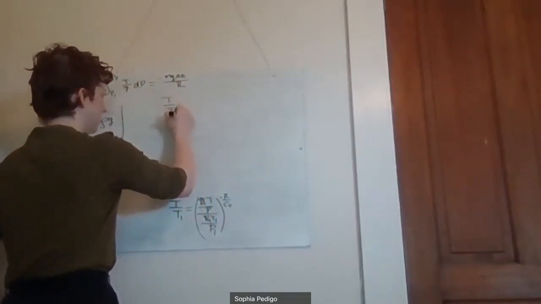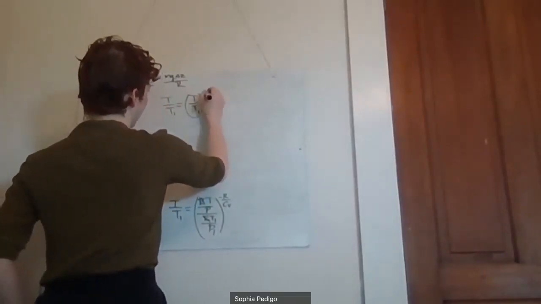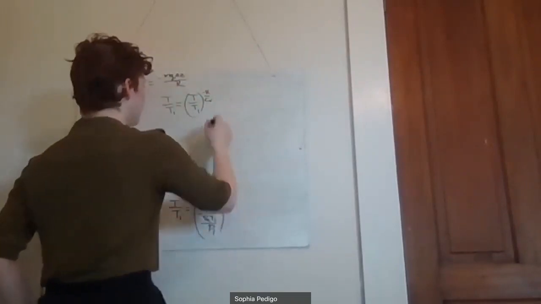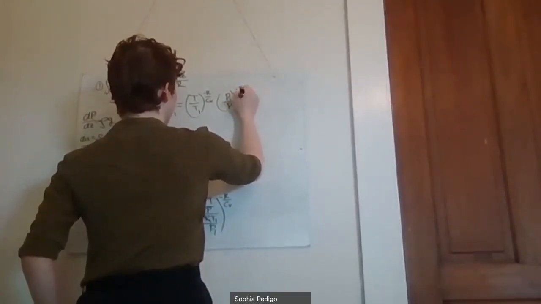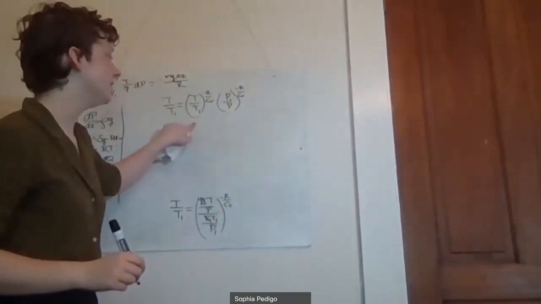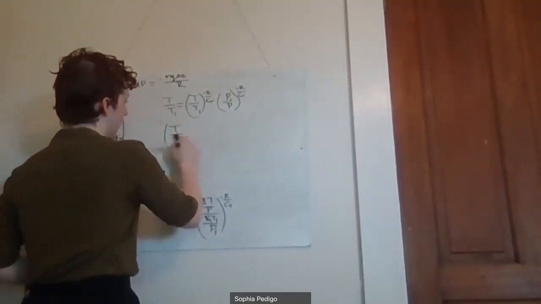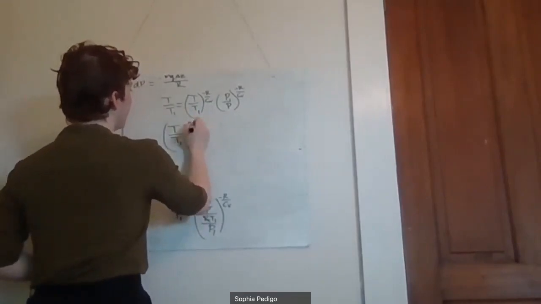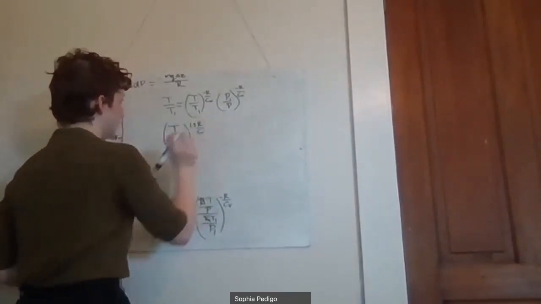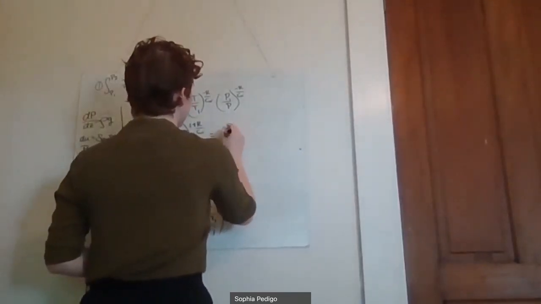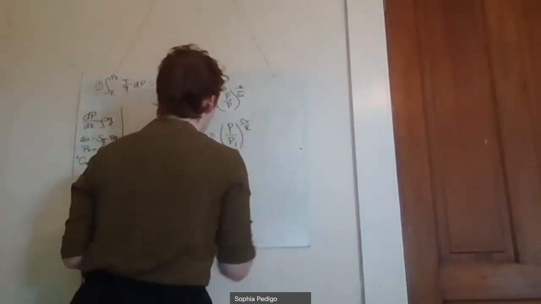So T over T1 is going to be equal to T over T1 raised to the negative R over CV power multiplied by P1 over P also raised to the negative R over CV power. I'm going to combine these terms right here, so the T over T1, and that will give us T over T1 raised to the 1 plus R over CV, and that's going to be equal to P over P1 raised to the negative R over CV power.